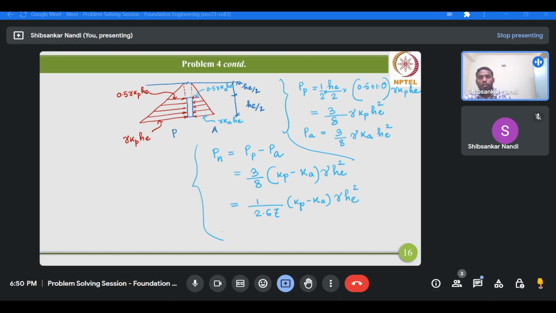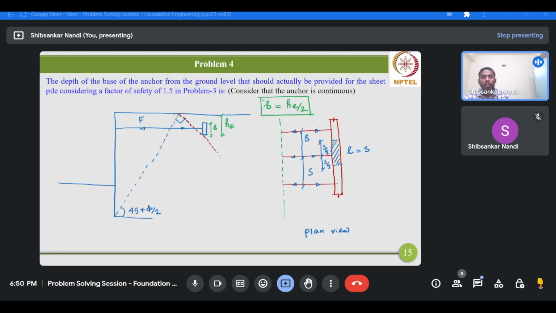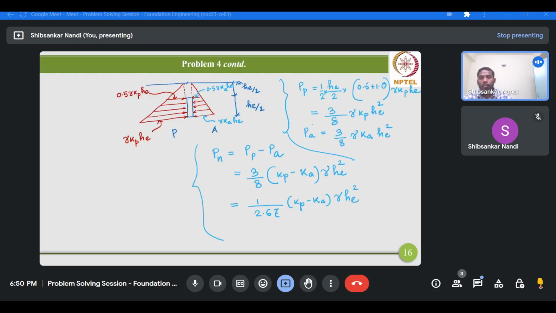Now what you have to basically do, you have to equate this net pressure with the anchor force.